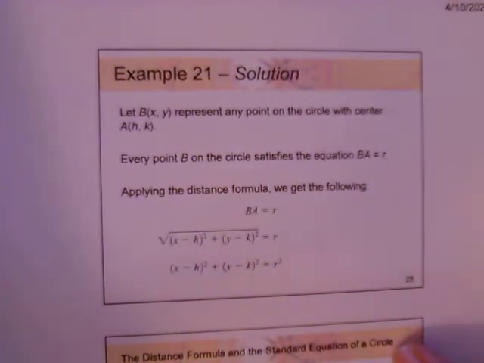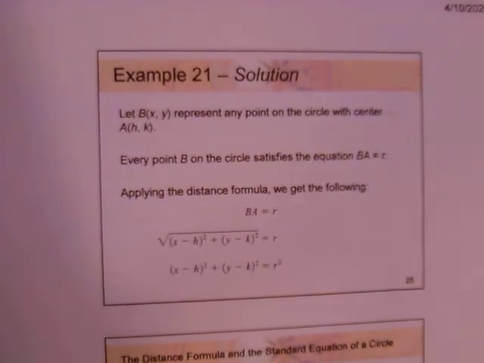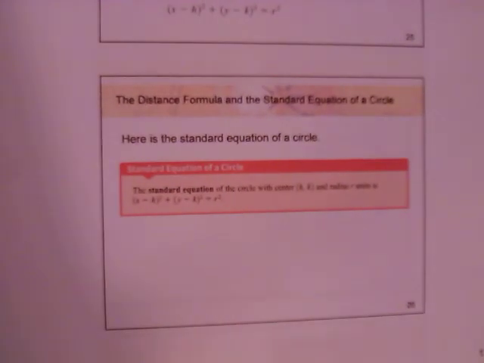And that would be the formula or the standard equation of a circle. So here it is. The standard equation of a circle with center H, comma, K and radius R units is this: X minus H quantity squared plus Y minus K quantity squared equals R squared.